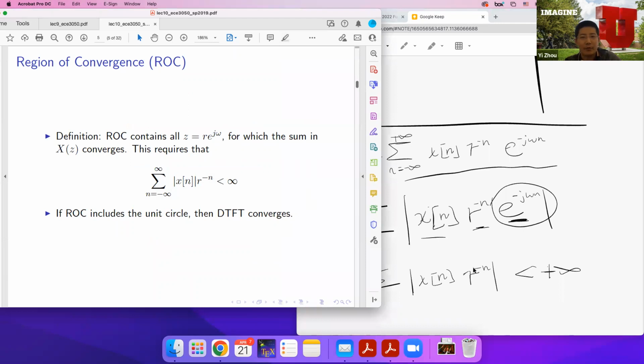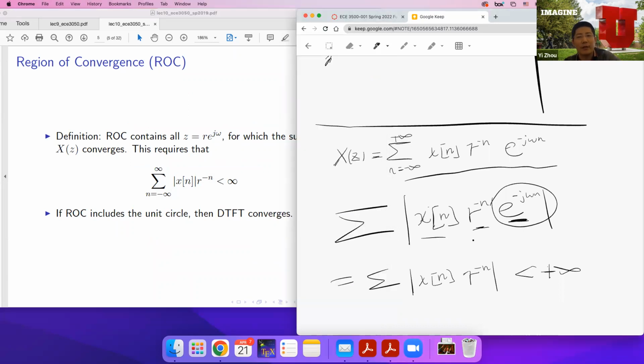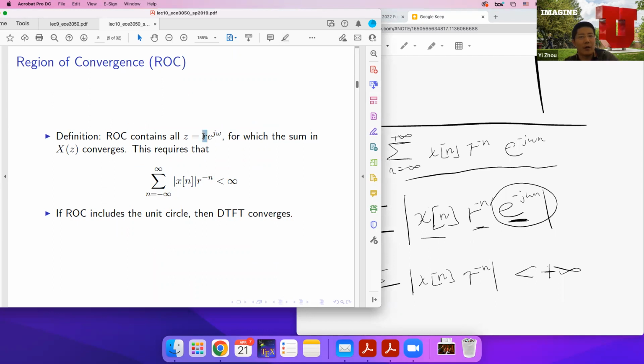Okay. And because r to the power of negative n is a positive number, we can pull it out of the absolute value, right? This r is the magnitude of a standard complex number, so the range is from 0 to positive infinity. It's guaranteed to be non-negative.